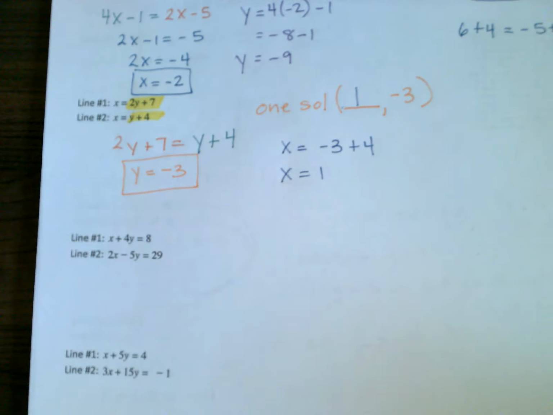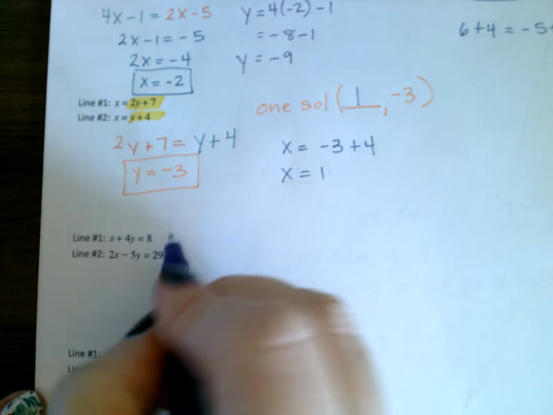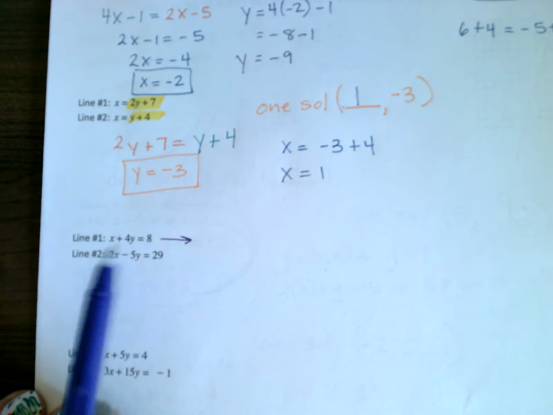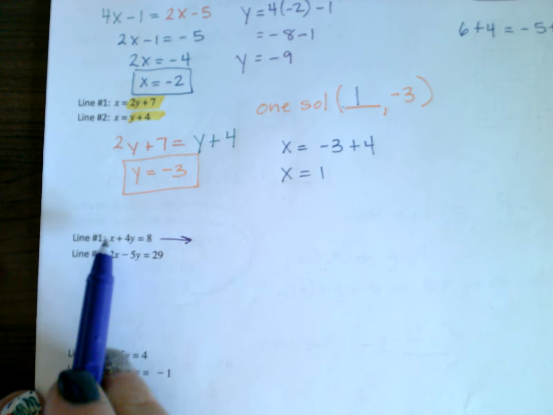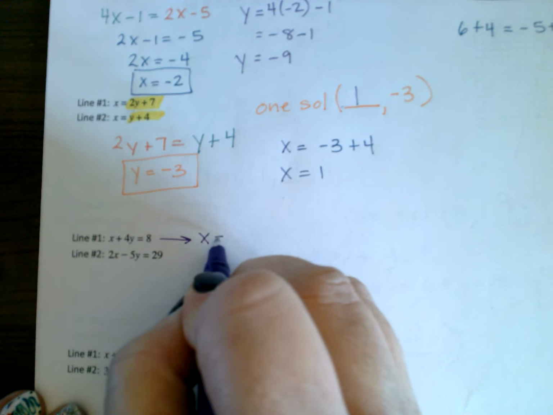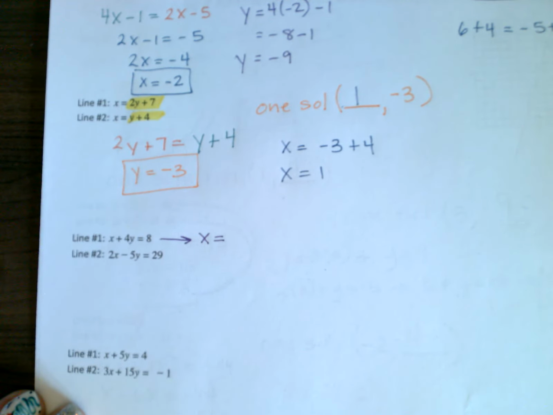Now we're going to approach a couple problems that are different than the ones we've seen before. Notice in line 1 and in line 2, we do not have y equals a math problem. We do not have x equals a math problem. I need to kind of rearrange that a little. I'm going to choose to rearrange this equation, although you could do this one, and I'm going to set this one equal to x.